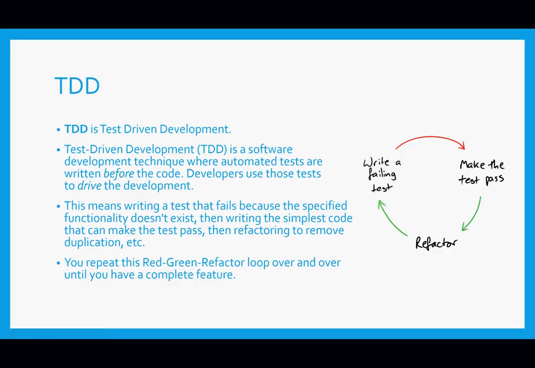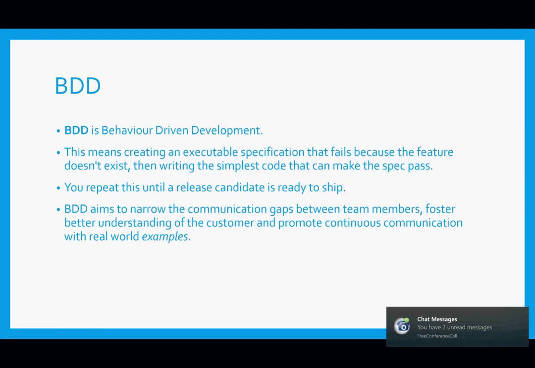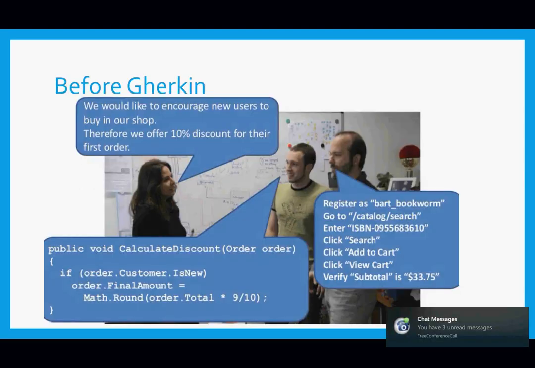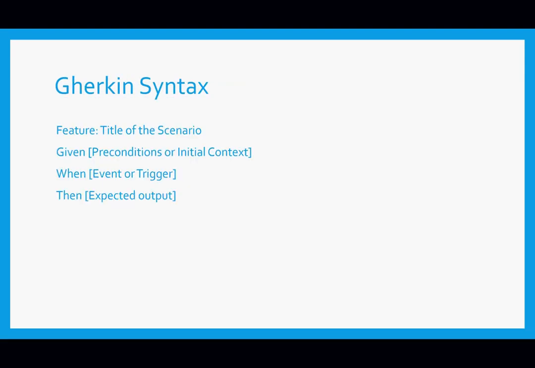We also spoke about TDD, test driven development, where you test first before you start to develop. Then we talked about the given, when, then clauses of Gherkin, and how you translate a story into Gherkin format.